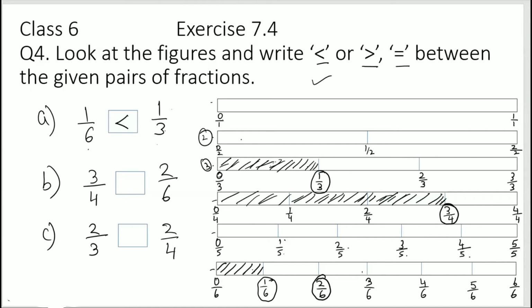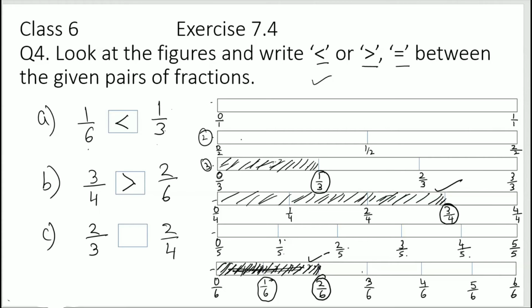I've shaded it for you. Now 2/6 would be this part which is already shaded, 1 by 6 and then 2 by 6, because it's 2 parts out of 6 parts. Right, so this entire thing, 1 by 6 and 2 by 6 here. So this is 2 by 6. Now if I compare this one and this one, 3 by 4 is greater than 2 by 6. So I would write 3 by 4 is greater than 2 by 6.